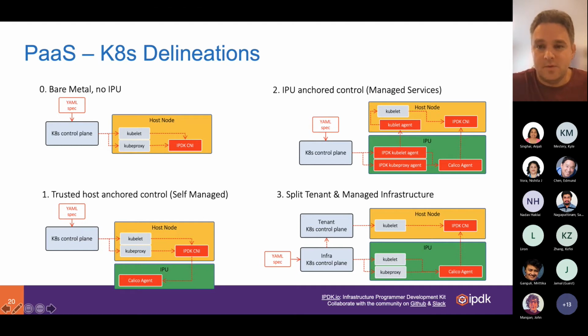We want to get feedback on whether this split model is the right goal, or too complicated. Or should we just stick with number one and keep things simple, or if we're all trying to get to a managed Kubernetes model, and two is also sufficient. So we want to put that out there to get feedback as we do a little development.